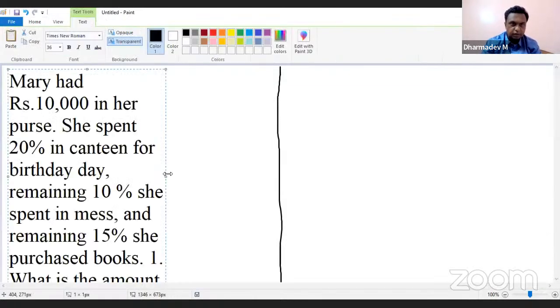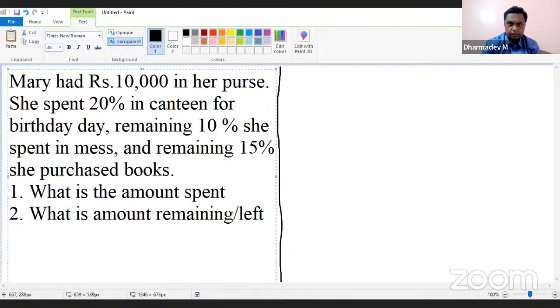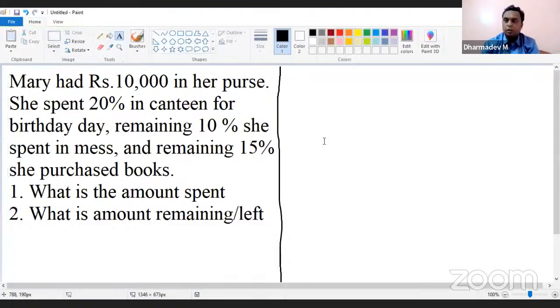Can you see the question? Are you able to see the question? Okay. Just read the question and give it a try. Then I'll tell you how to do it.